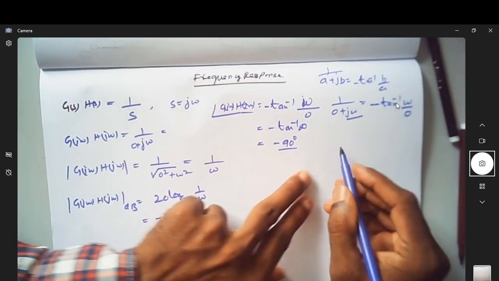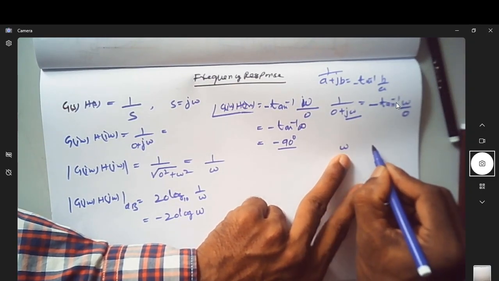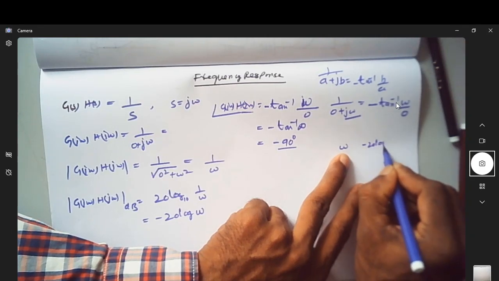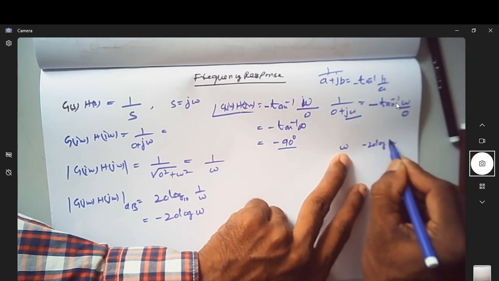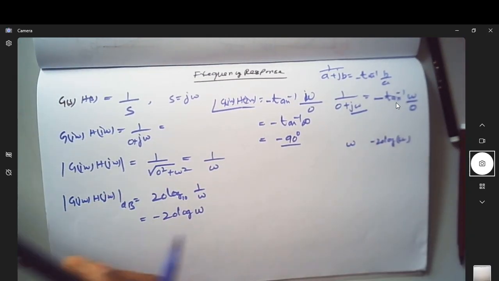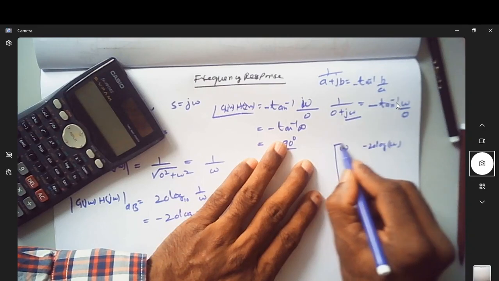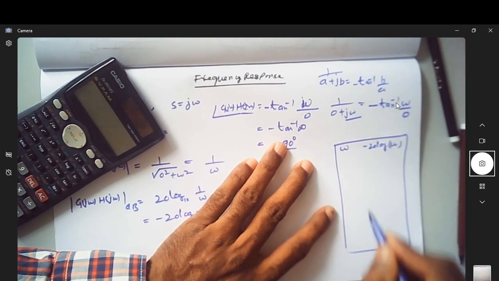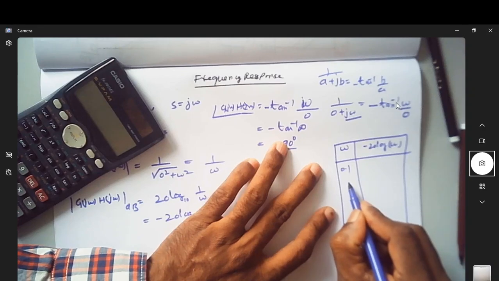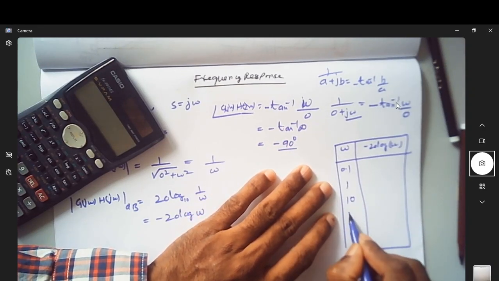Let us take the values of omega and the magnitude. The magnitude is minus 20 log omega. Let us try to find the values of the magnitude for different values of omega. Let me take 0.1, 1, 10, 100.